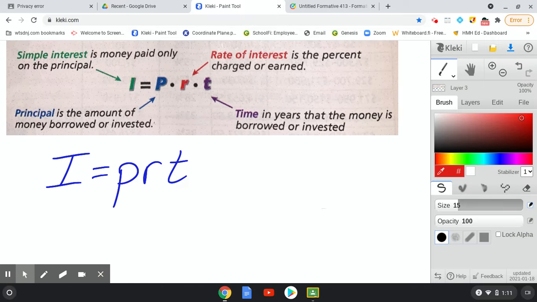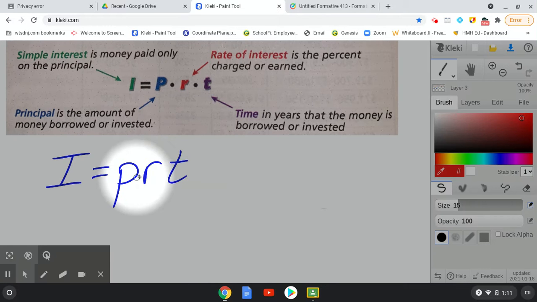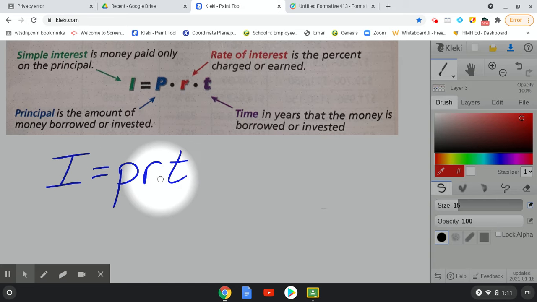So think about when we were solving equations. If I want the P by itself, what do I want to get rid of here? Well, I want to get rid of the R and the T. All of these variables are next to each other, so that means multiplication. In order to get rid of them, we need to do the opposite, which is division.